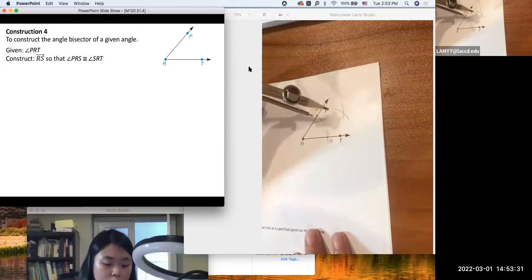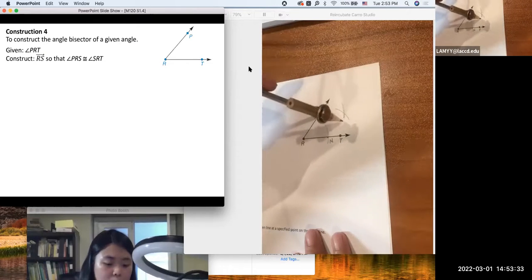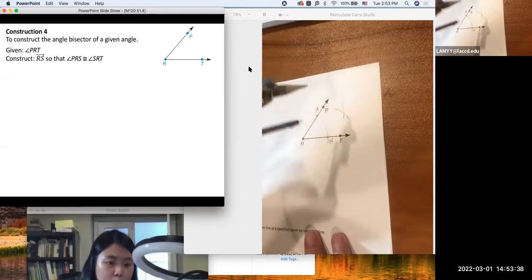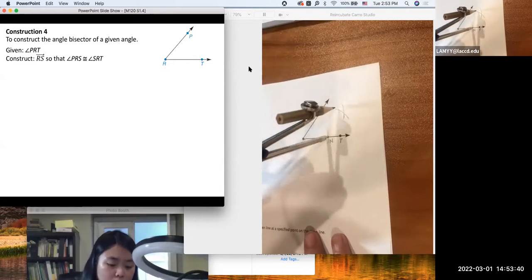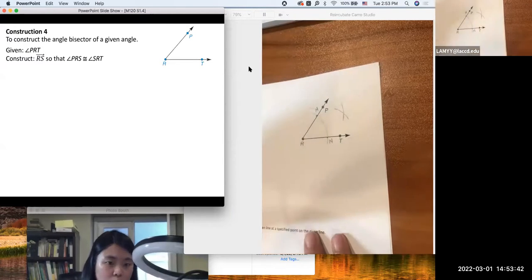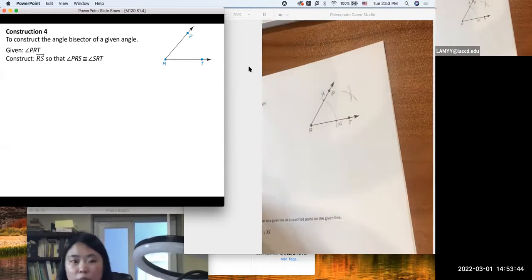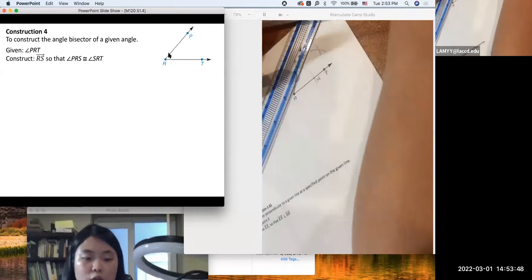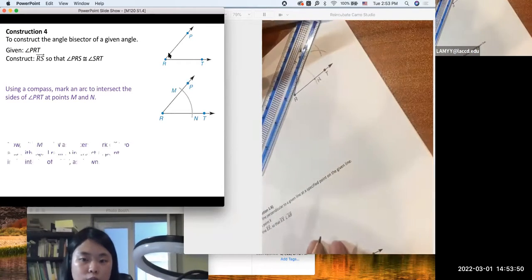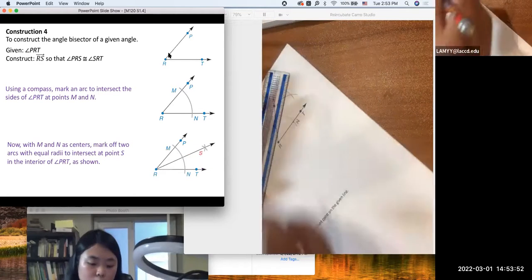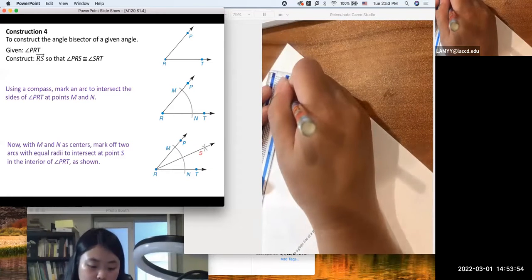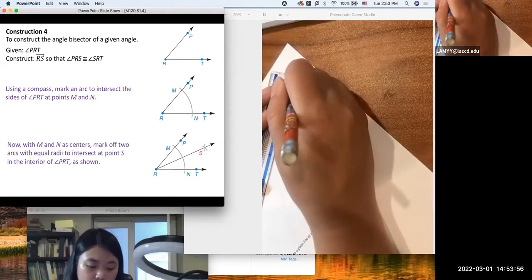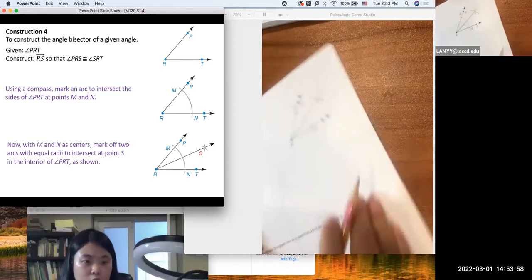One more time. Use the M, approximately in the middle here. We're going to draw the arc, and then use the same radius, go to the N, and draw this arc also. So you're going to see this intersection point, and then you want to connect it together. Like this.